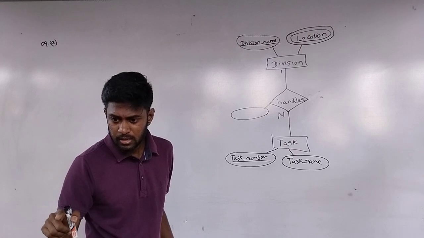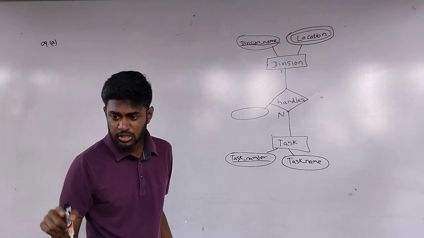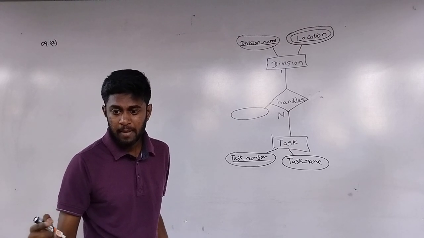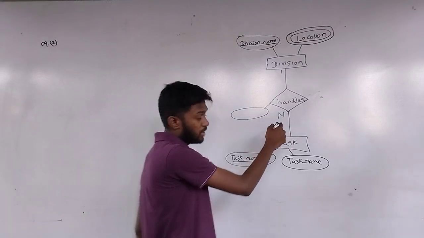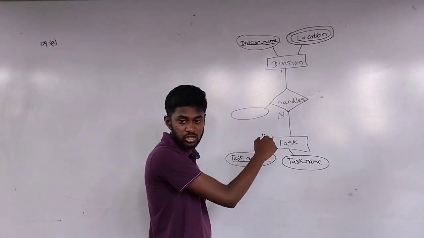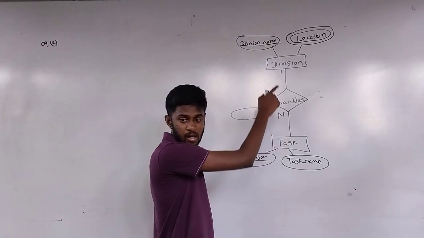A division handles a number of tasks, each of which has a unique number, name, and a date in which the task was assigned to the division.